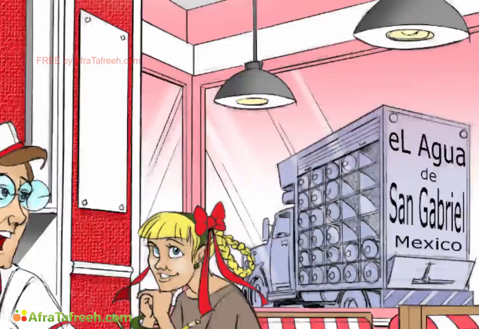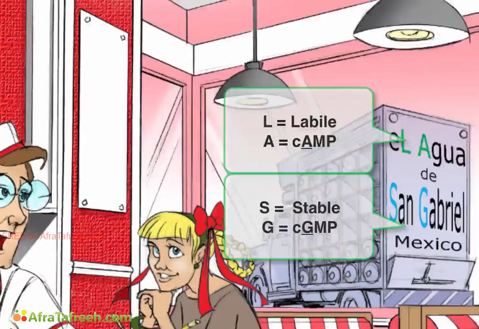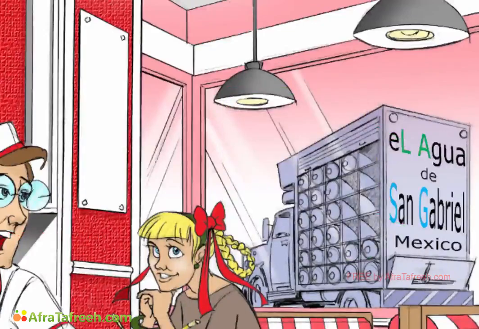El Agua de San Gabriel pairs the L and the A in El Agua with the S and the G in San Gabriel. So L for labile increases cAMP, and S for stable increases cGMP. And as a side note, this heat labile toxin that increases cAMP is very similar to cholera toxin, which you'll see in the cholera video.